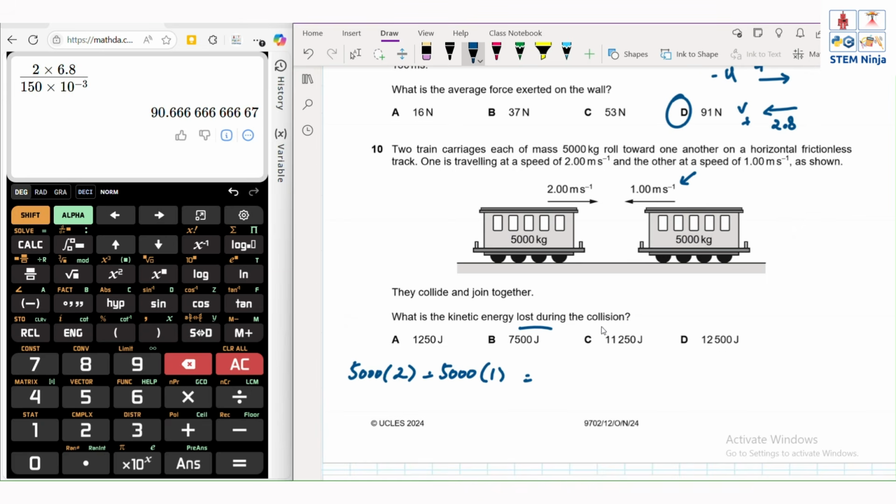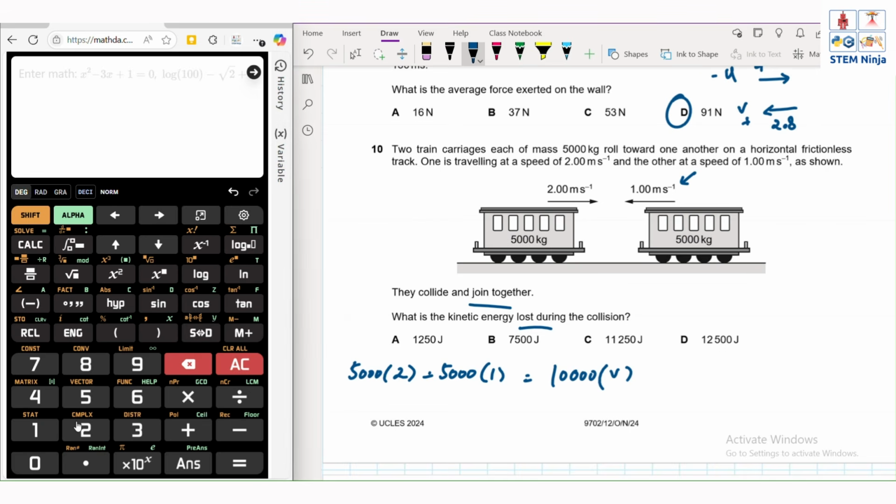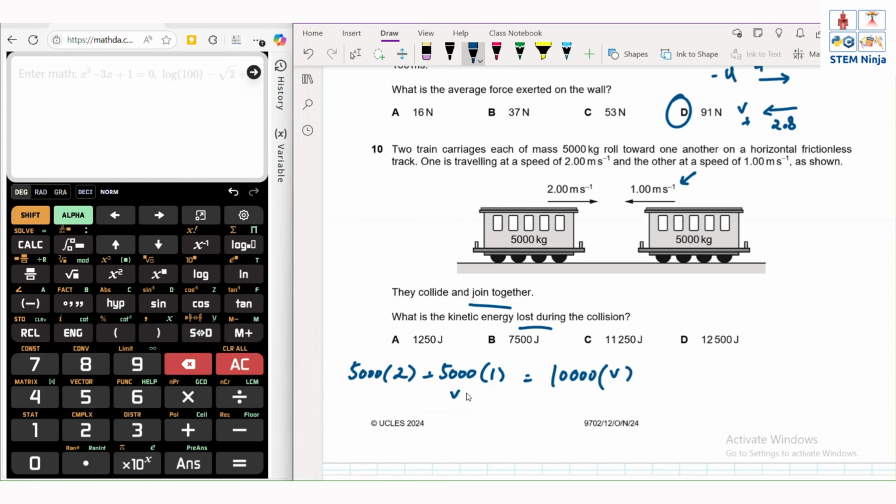And now momentum after, they're both joining together, so that is 10,000 times v. This is what we have to figure out. So 5,000 times 2 minus 5,000 is just 5,000, divided by 10,000, so that is just half, or 0.5.